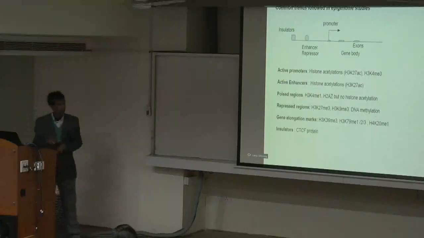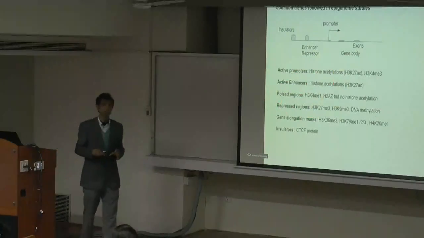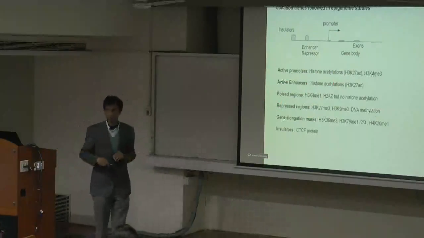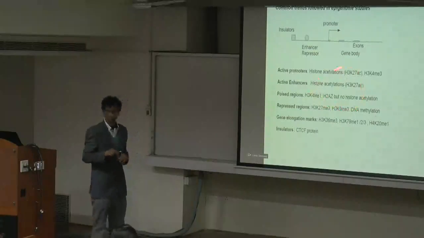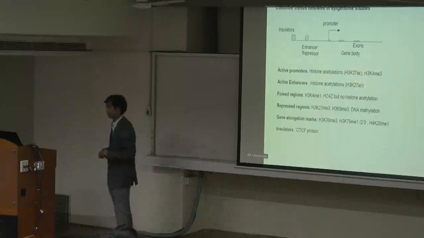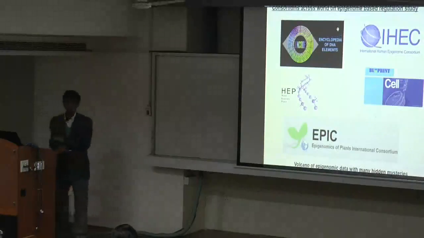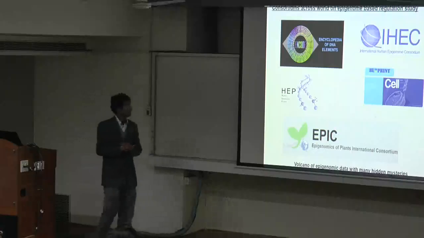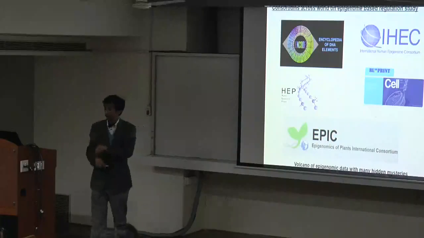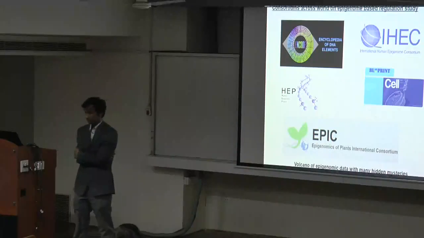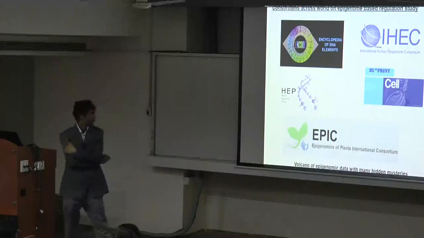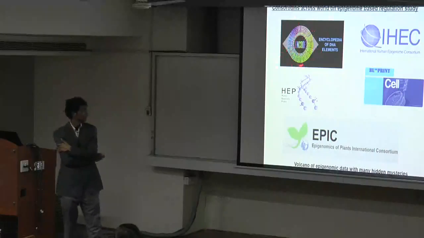And why I'm talking about this, because there are different consortiums across the world. We follow these general rules and they profile these histone modifications, and there are big consortiums across the world. One is called ENCODE. You might be aware of ENCODE. So after the human genome sequencing project, this is another big project in genomics.